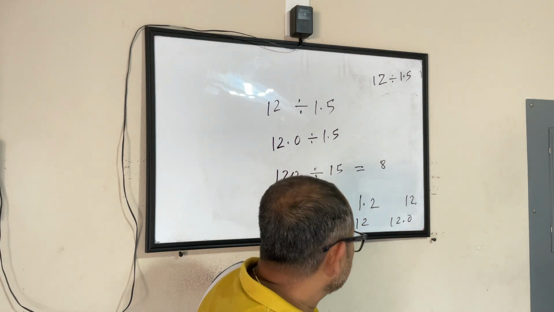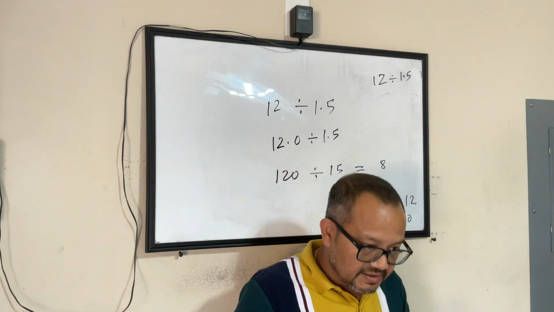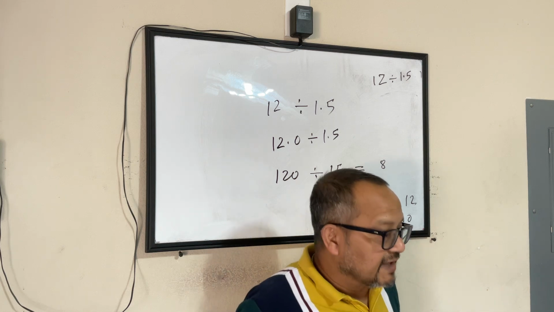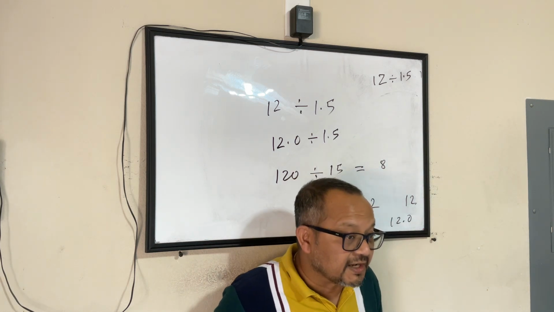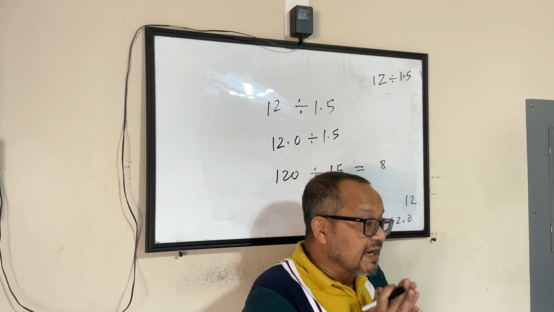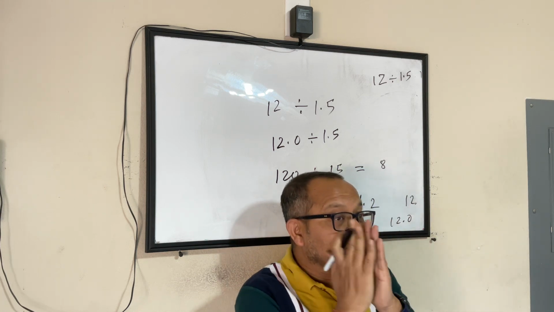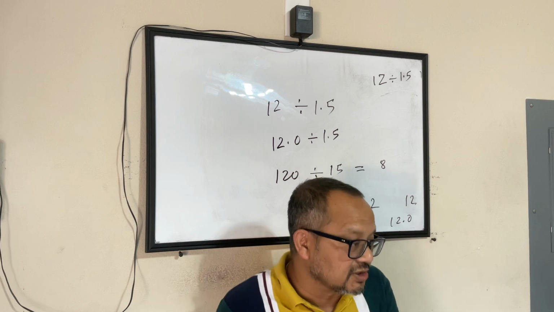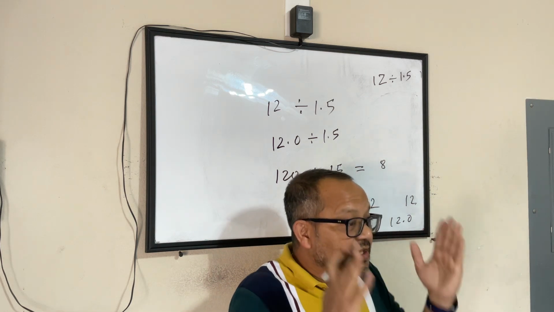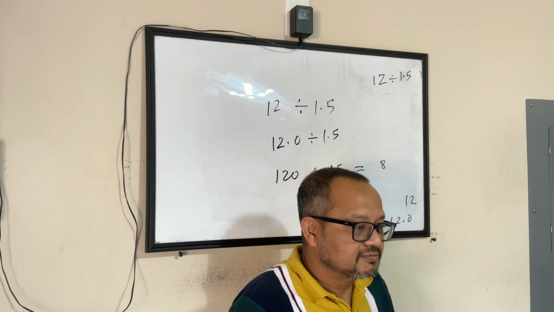So see, the idea is this. If I say I give you $5, that will become only $5. That will never become $25. Now if I am giving 5, that can become 5 or 5.0 or 5.000 or 5.000000000. But it will never become 5.2.